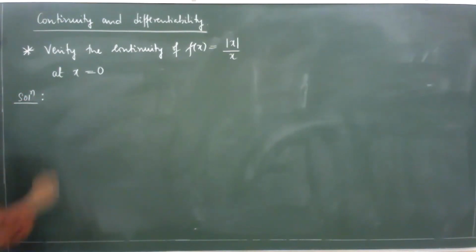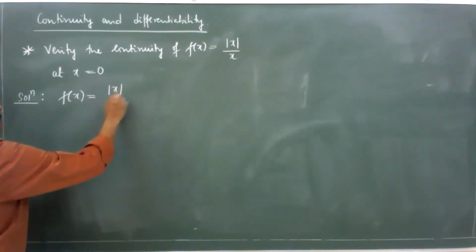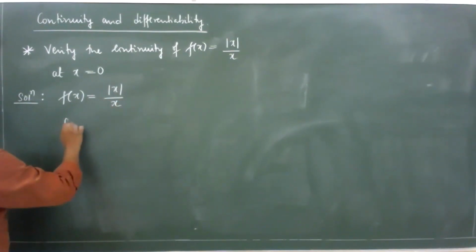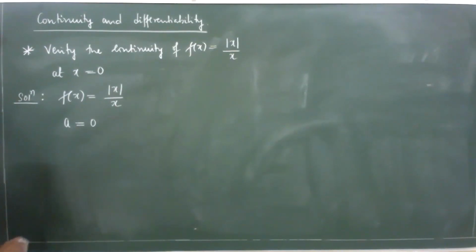Solution. The given function is f of x is equal to modulus of x divided by x. The reference point is a is equal to 0. 0 is the reference point.